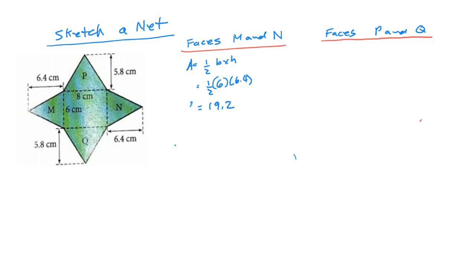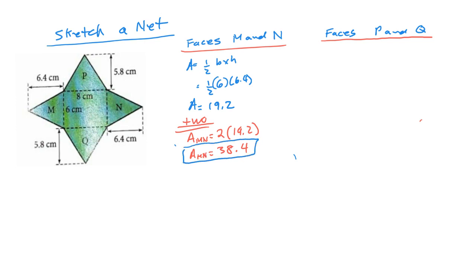And that's what we get for our A value. Now, remember, there are 2, right? So that means we have to take the area of M and N is equal to 2 times 19.2. So we end up with 38.4 for our answer for A of M and N added together.